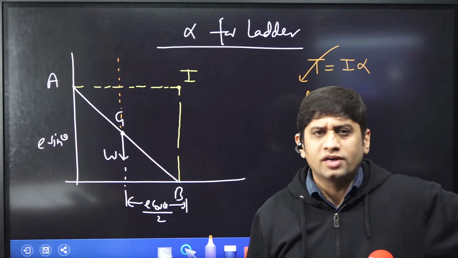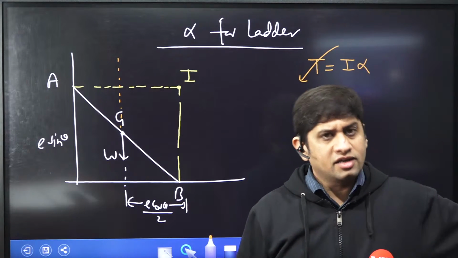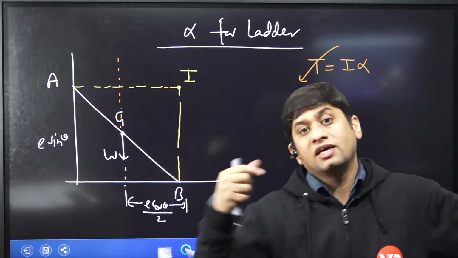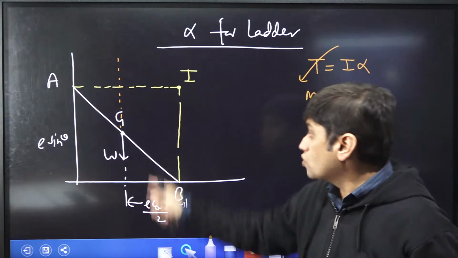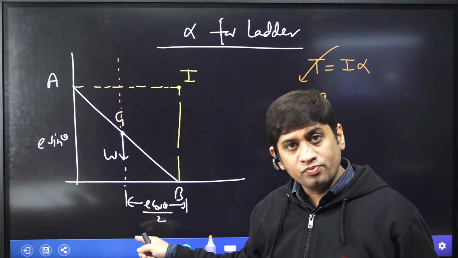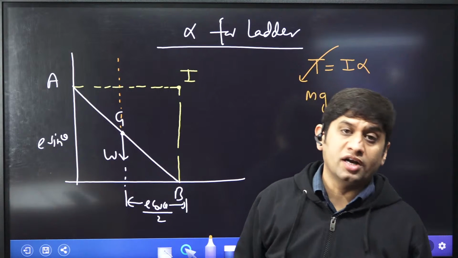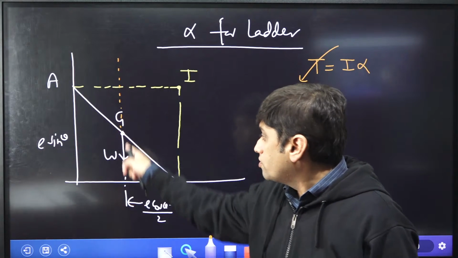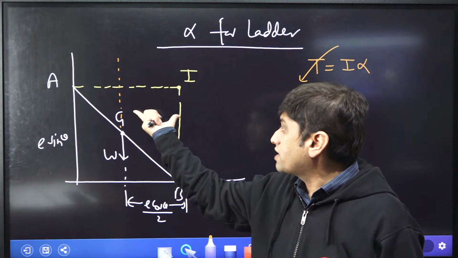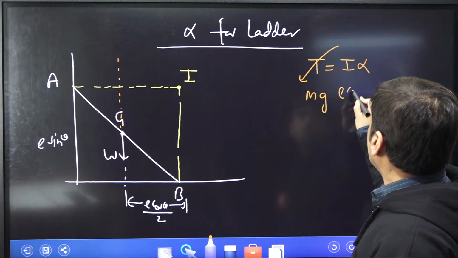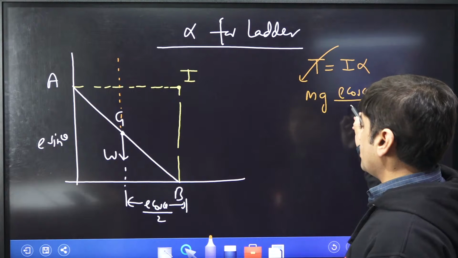Don't you know how to calculate the torque acting on a door? Force applied multiplied by the minimum distance from the hinge point. Force applied is W. I'm not considering friction here, and moreover I'm considering the free body diagram of the ladder. So force applied is W, and the line of action from the I center is L cos theta by 2.